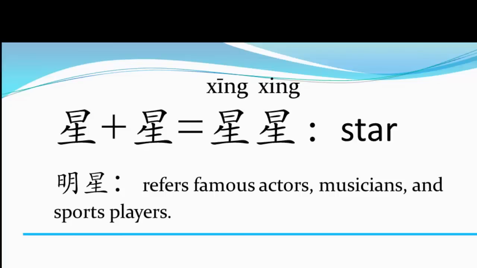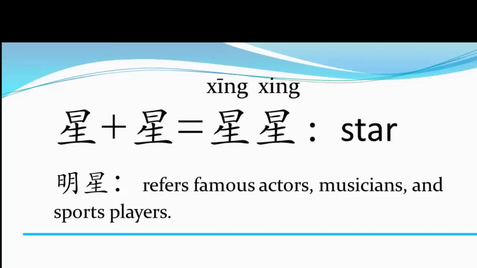You may notice I pronounce them with the second 星 having no tone. Usually, when we make a word with two same characters, the second character's tone is removed. So when we pronounce this word, we put focus on the first character and pronounce the second one gently.